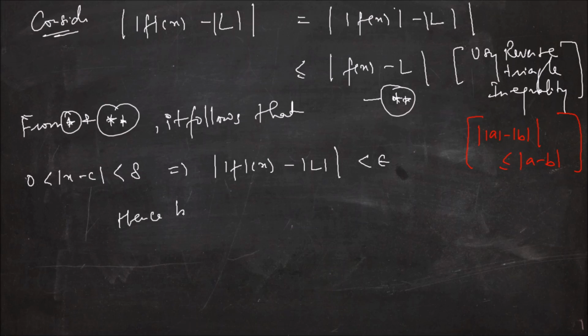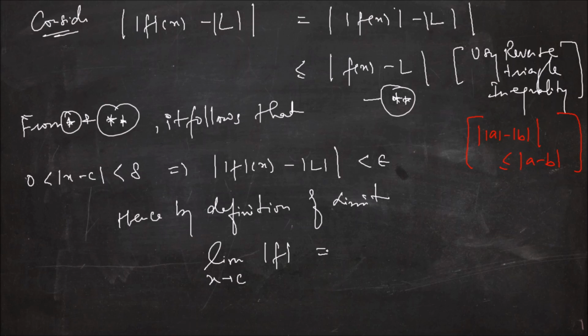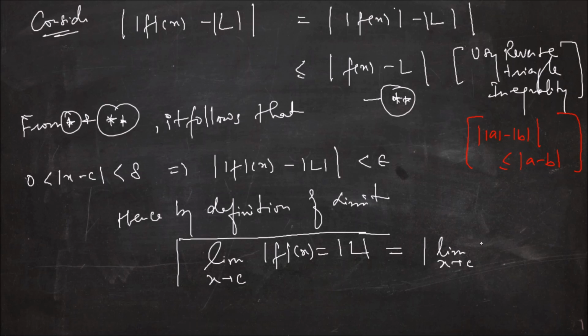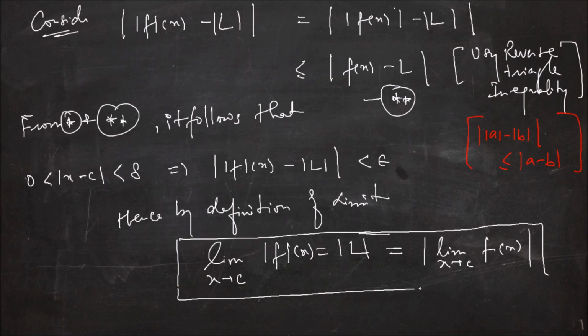Hence, by definition of limit, limit x tends to c mod f is equal to mod L. So this we have proved, and mod L is nothing but mod of limit x tends to c fx. So this is what we had to prove. So this completes the proof of question number 14.